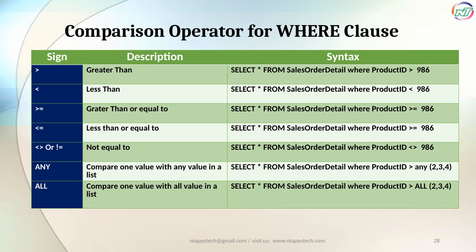To find rows where a column does not equal a particular value, we use either the not equal symbol or the angle brackets combined with an equal sign. Additionally, using ANY lets us compare a value against any element within a list, returning rows that satisfy the condition for at least one item. On the other hand, ALL requires the value to satisfy the condition across every item in the list. These operators are crucial for crafting precise queries, especially when narrowing down results based on numeric or categorical data.